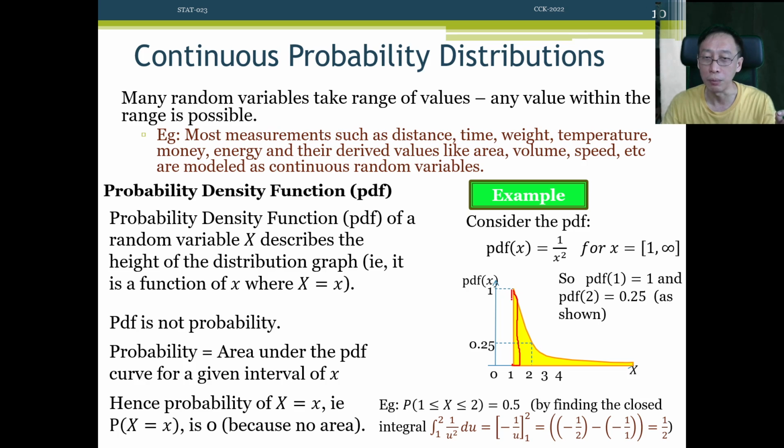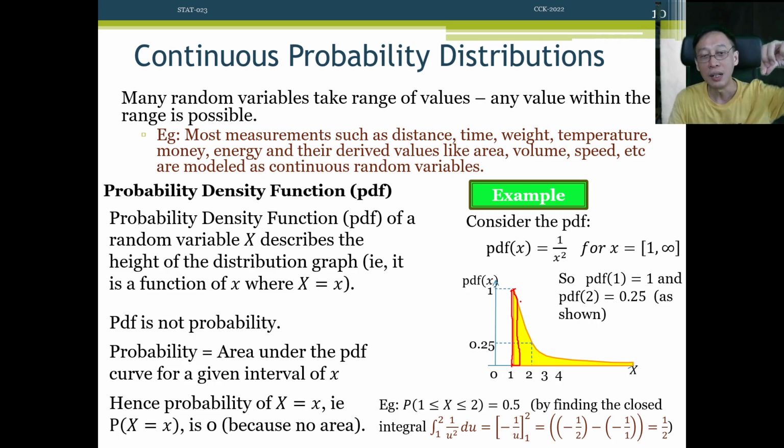Why do we say that when we say it is not probability? Well, think of it as a very tiny little strip. It is not zero width, it's got a little bit of width, and therefore the taller the y value, the larger the area, don't you think? If we fix the width as a tiny little width like 0.0001 unit, then the larger the PDF, the larger the area.